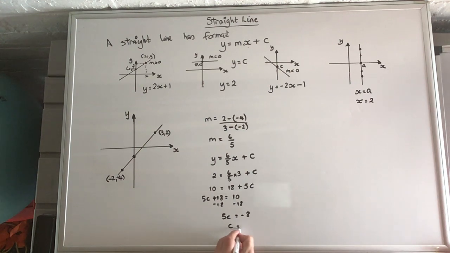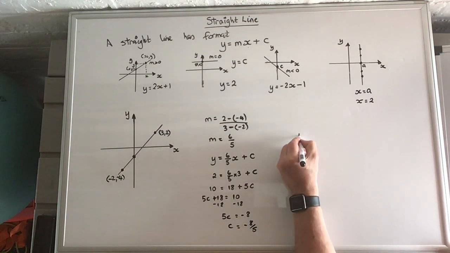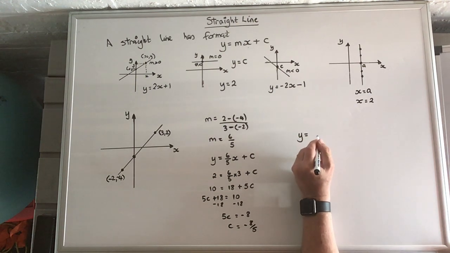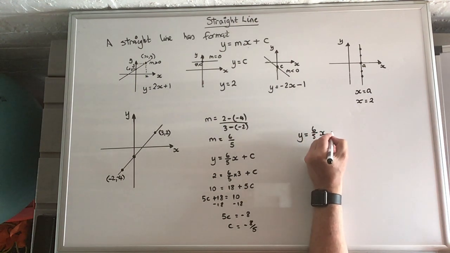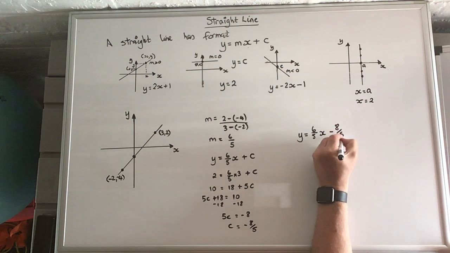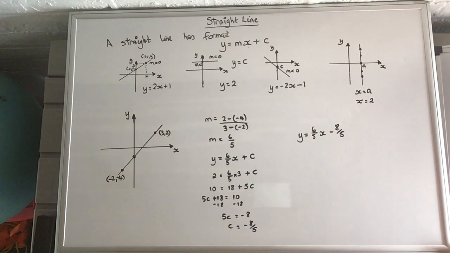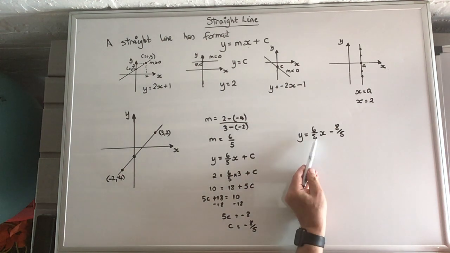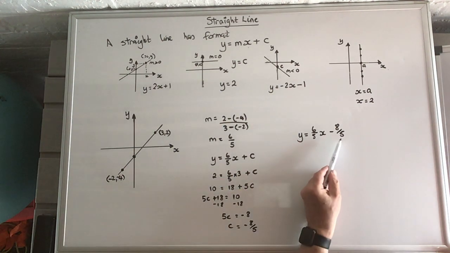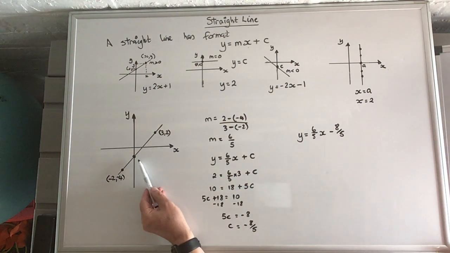So c is equal to minus 8 over 5. Again, quite complicated, so I'll just put it over here. y equals, this is our equation, 6 over 5 x minus 8 over 5. Now, let's just make sure that it seems reasonable. Positive gradient, negative y-intercept.